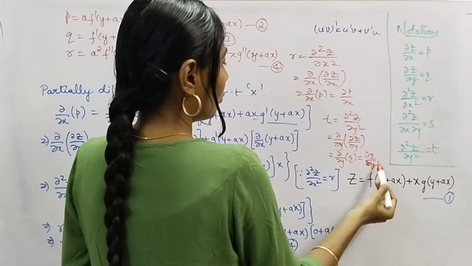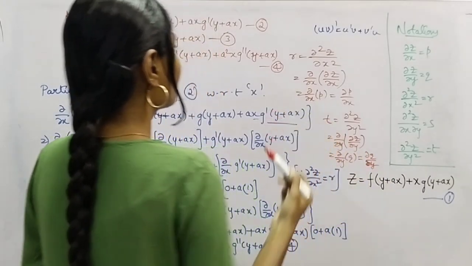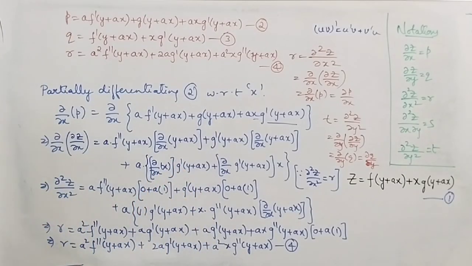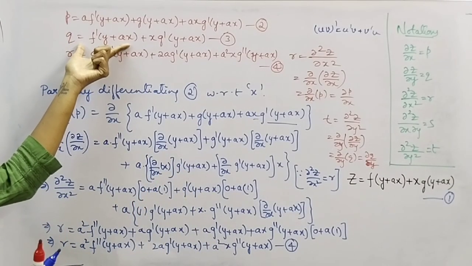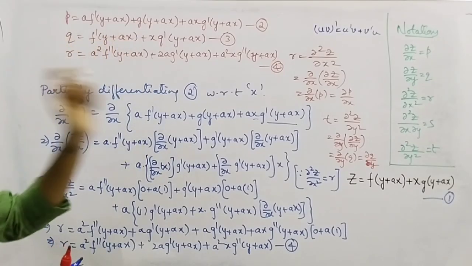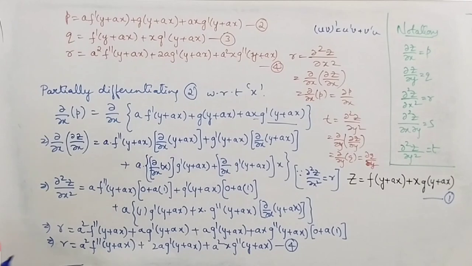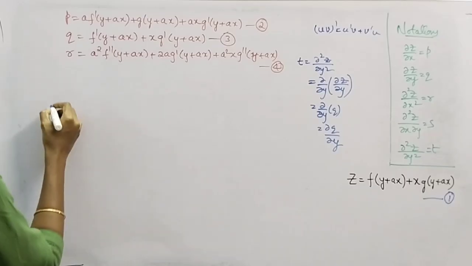So partially differentiating the equation involving q with respect to y gives t. Here is the equation involving q, so we'll partially differentiate it with respect to y to find the equation involving t. Okay, let's see. Now let's partially differentiate equation 3 with respect to y.